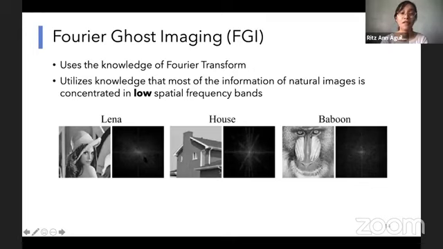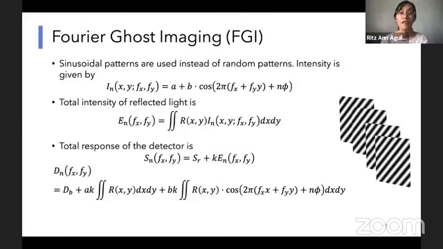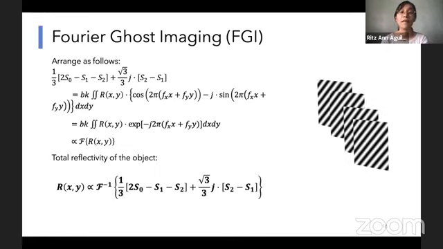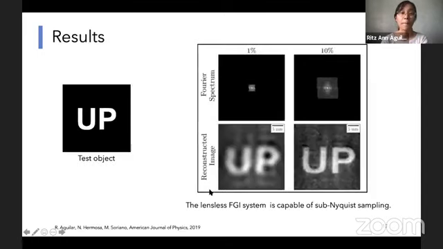So this is a Fourier spectrum. It tells us that it's sufficient to image the low frequencies, and from there we'll be able to see most of the details of the object. So what you do again is project sinusoidal patterns, and from there extract the total reflectivity of the object from the combined signals of the structured patterns.